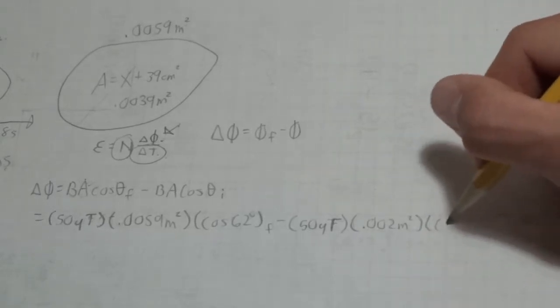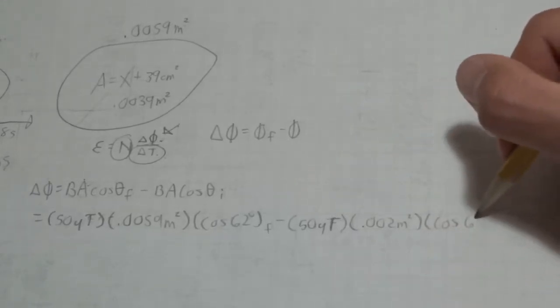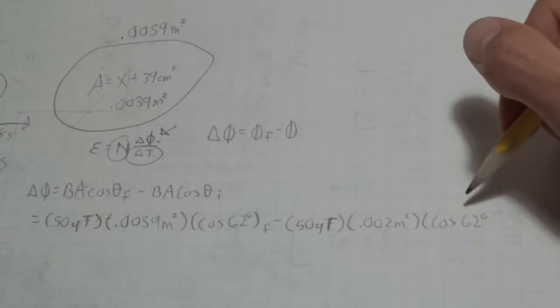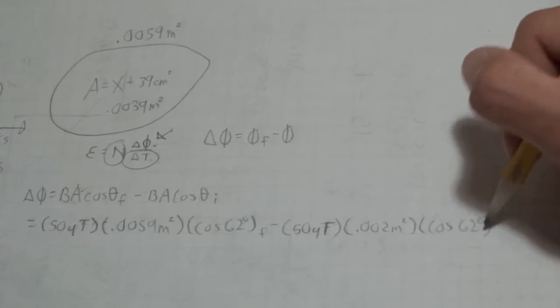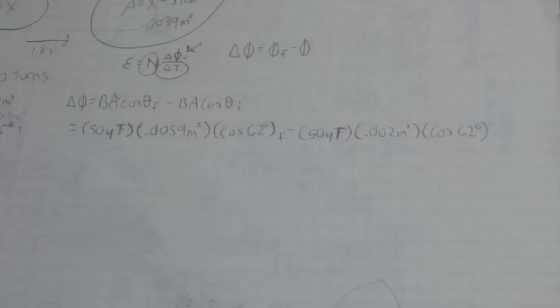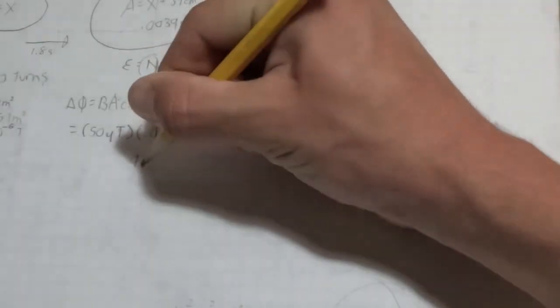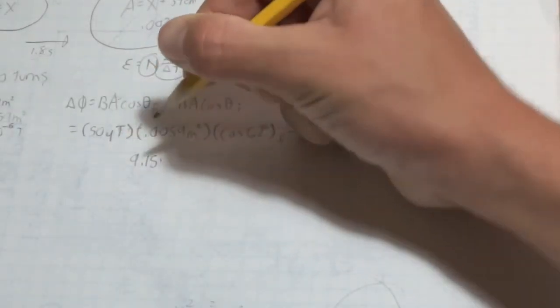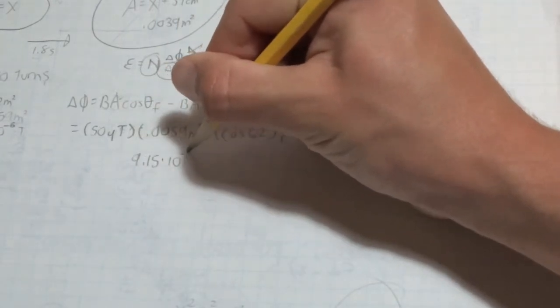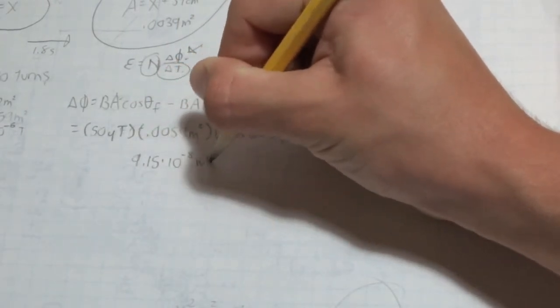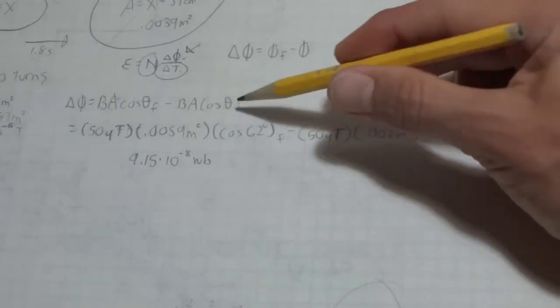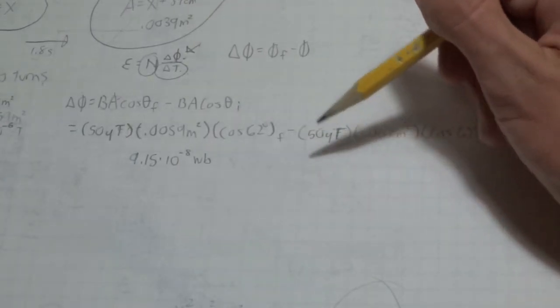And then again, cosine of 62 degrees. Solving all of that will get you 9.15 times 10 to the negative 8 Webers, because that is what magnetic flux is measured in.